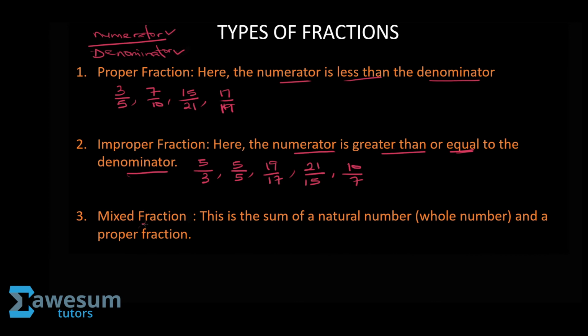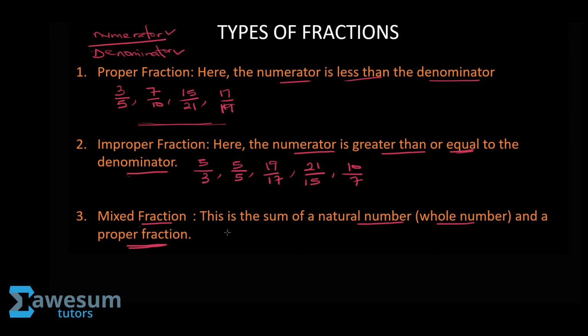What about mixed fraction? Mixed fraction is the sum of a natural or a whole number and a proper fraction. A whole number and a proper fraction. Right here, we already know examples of proper fraction, right?